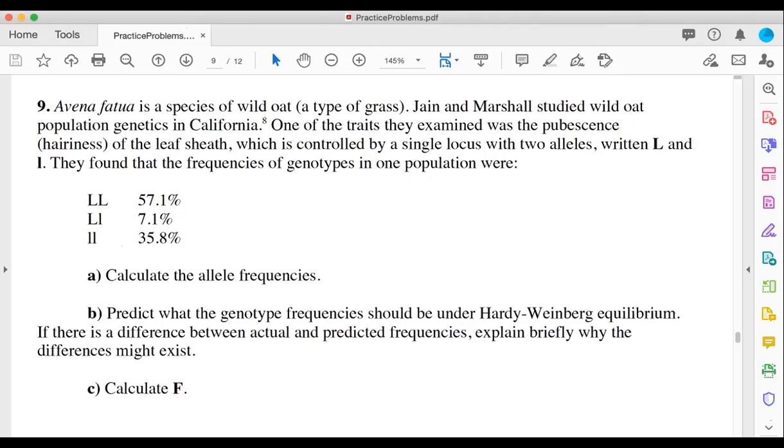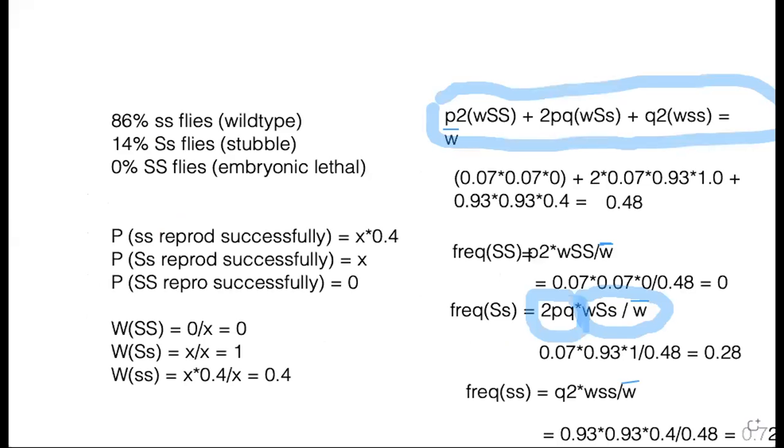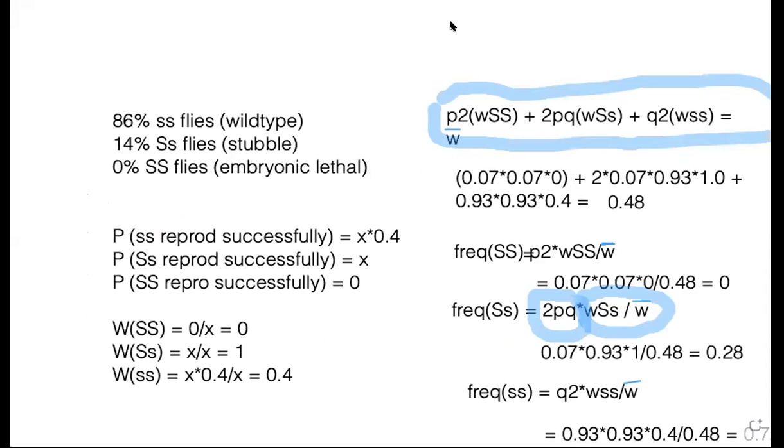Okay, we'll start by calculating the allele frequencies. And let's go to the whiteboard. And clear the whiteboard. Okay, so in these wild oats, we have big L big L oats at 57.1% of the population.